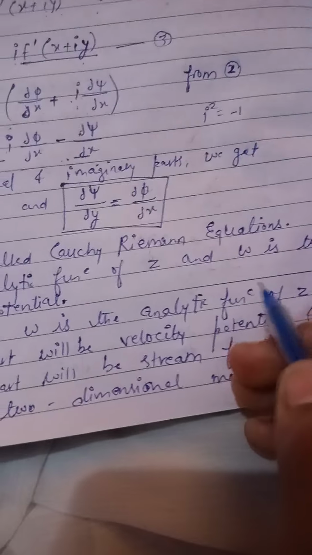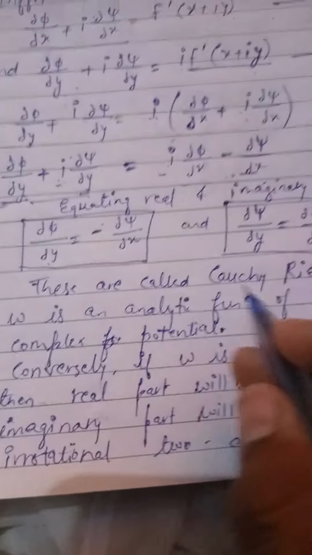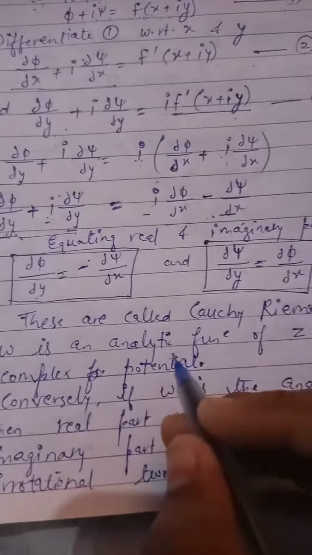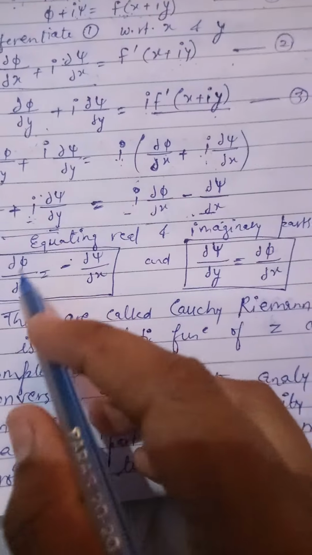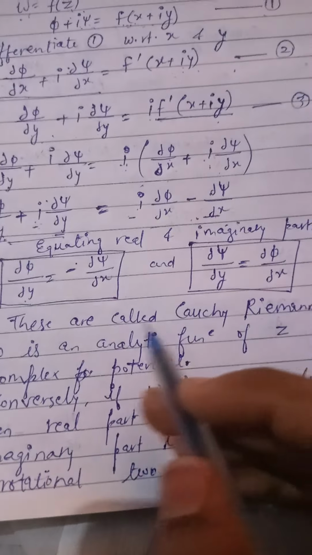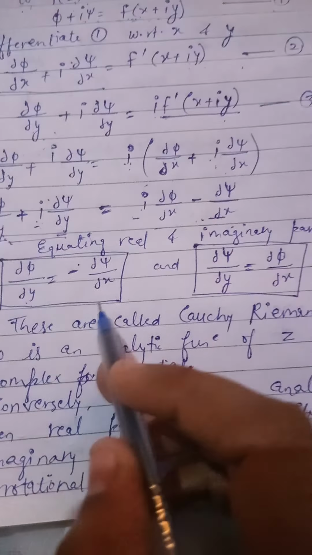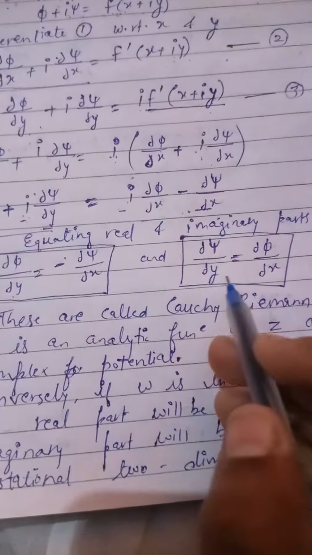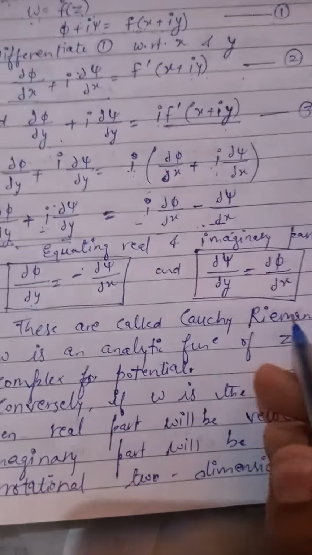Its converse is: if W is an analytic function of Z, we prove that by first satisfying these equations. So this is the condition for the Cauchy-Riemann equation, and thus for the analytic function.